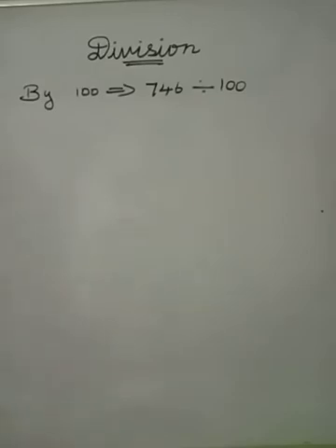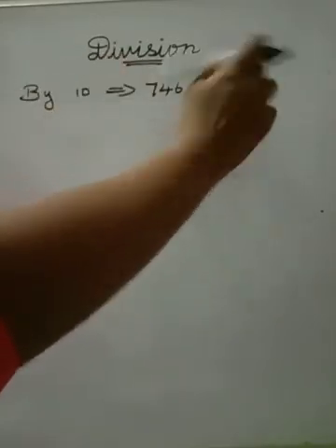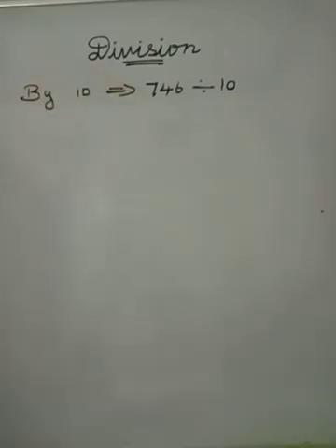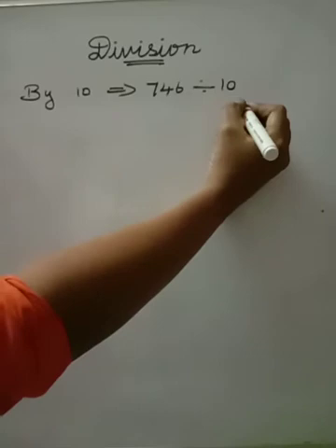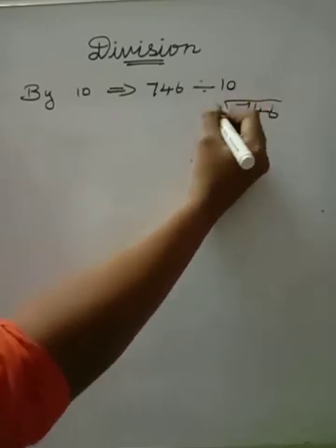First we will see how a number is divided by 10. You know that 10 ones are 10, 10 twos are 20, 10 threes are 30. So you know the 10 table, very easy. So 746 divided by 10.